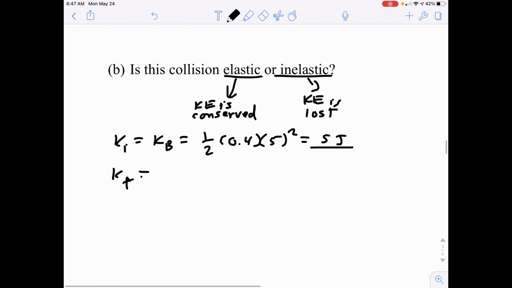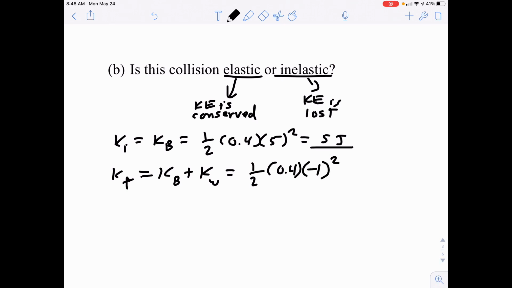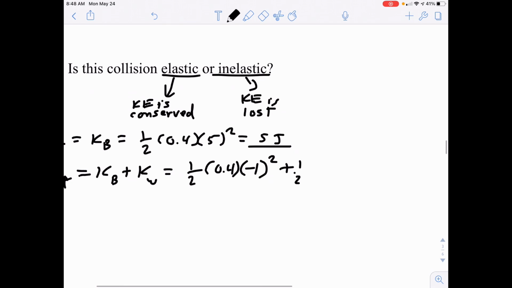Afterwards, the final would be the kinetic energy of the black car plus the kinetic energy of the white car. That would be 1/2 times 0.4 times the black car's velocity, which is -1, plus 1/2 times 0.8 times the white car's forward velocity of 3 meters per second.